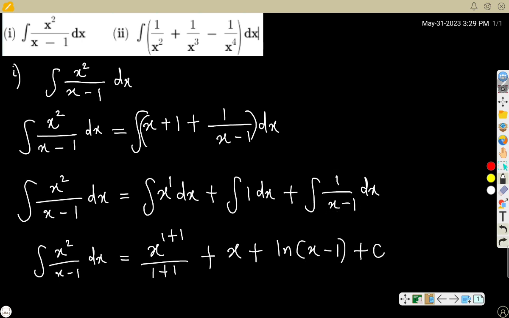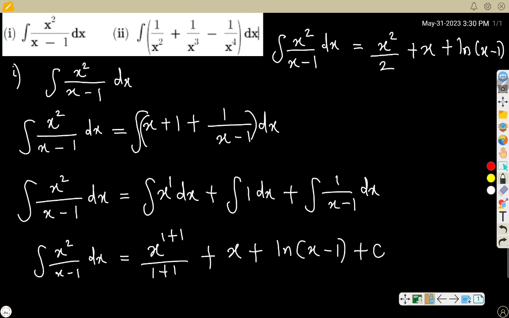So the integral of s squared over s minus 1 ds is equal to s squared over 2, that is 1 plus 1, 2, divided by 1 plus 1, 2, plus x plus ln of s minus 1, plus c. So that is our final answer.